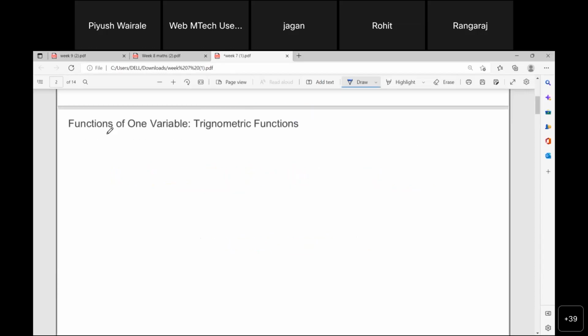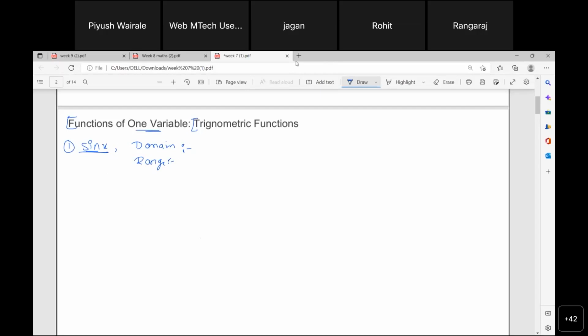In lecture 7.1, we discussed functions of one variable, that is, trigonometric functions. The first function is sin x. Can you tell me the domain and the range of sin x?